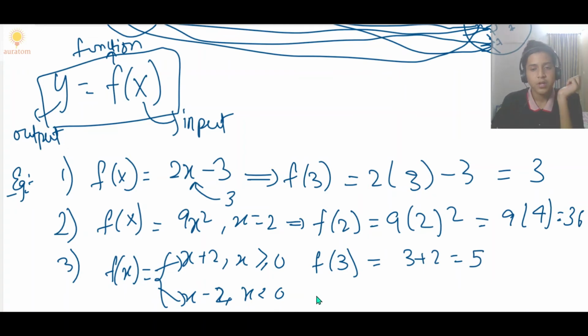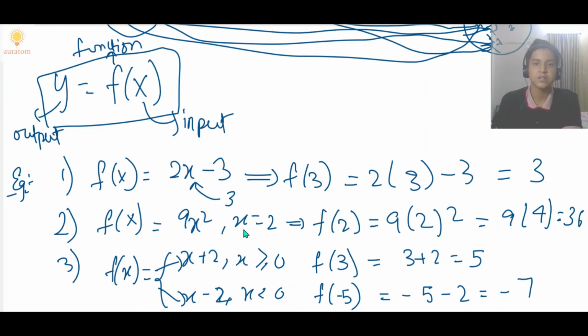But if you want to calculate the value of the function for something like f of minus 5, minus 5 is less than 0, so the function now becomes this. So it's going to be minus 5 minus 2, which is minus 7, right? So these types of functions are called piecewise functions, and they are also very popular in limits, which we are going to learn next.